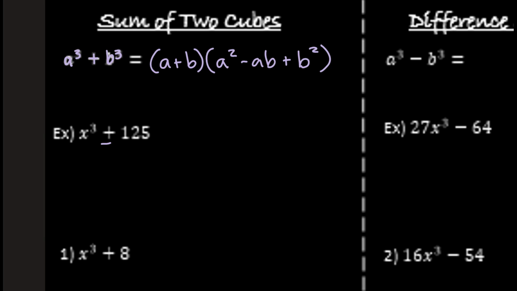All right, cool. Now the trick here, the only thing you have to do besides plugging terms in, is you have to find out what a all by itself is. So if I have x cubed plus 125, is my a value x cubed? It's x. What did you do to get that original x?